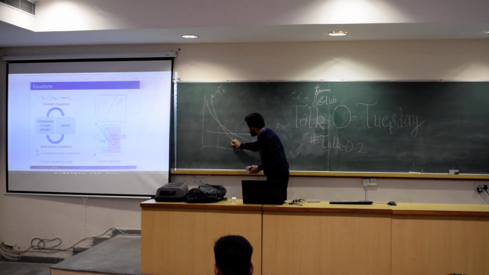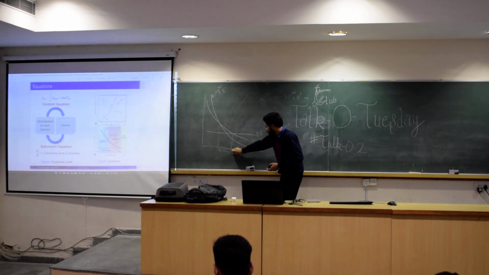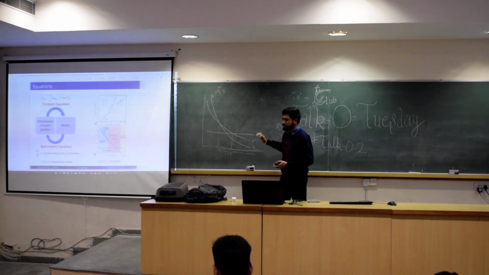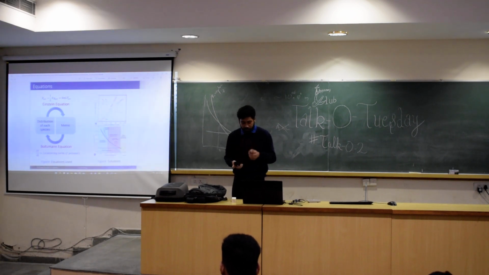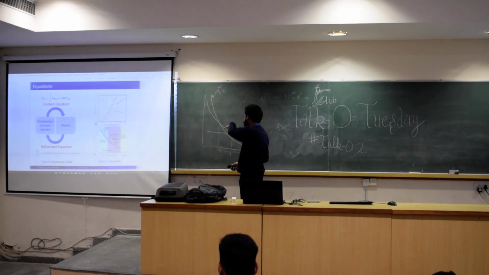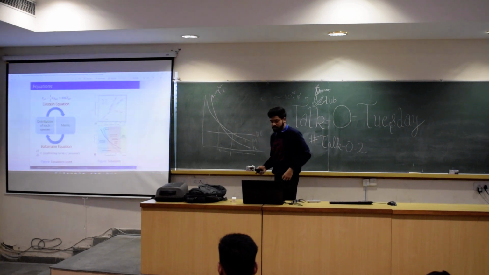Then for this much time, we had matter domination. Then from the matter-radiation equality, up until now, we have dark energy domination. So this is what the solutions basically tell you, that there were three eras: radiation dominated, matter dominated, and dark energy dominated.